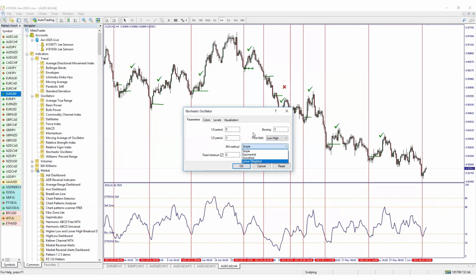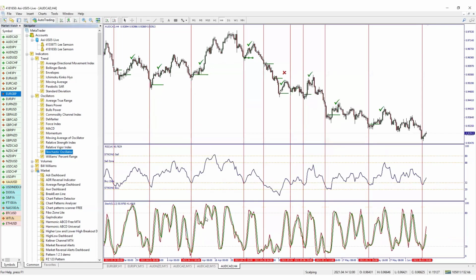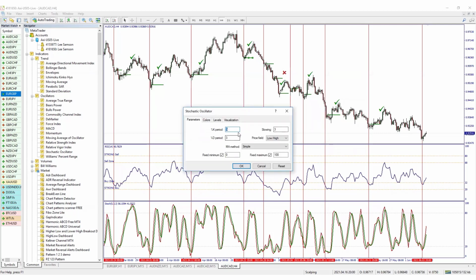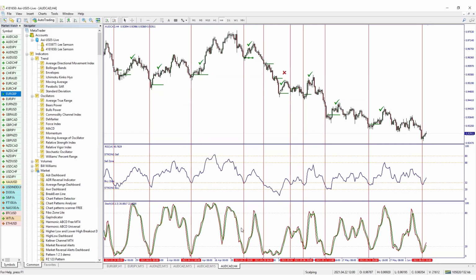You've also got 4 different MA methods to use with stochastics, so you can really make this thing do all sorts of stuff, and you can curve fit it really easily to price. So if we change that to a 15, you get a completely different stochastic. So one of the reasons I like the RSI, as I say, is there's just one setting to use.